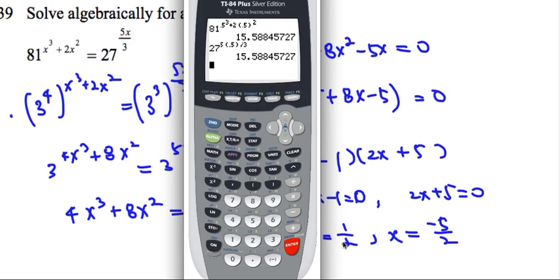And in fact, if you plug in the third one, let's see. What I'm going to do is put negative 2.5 for the third one here.